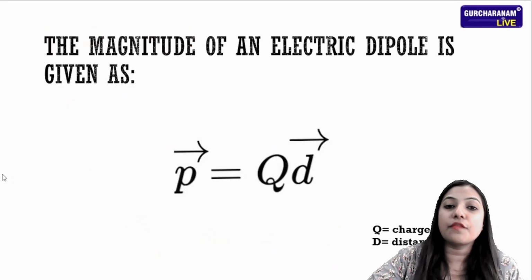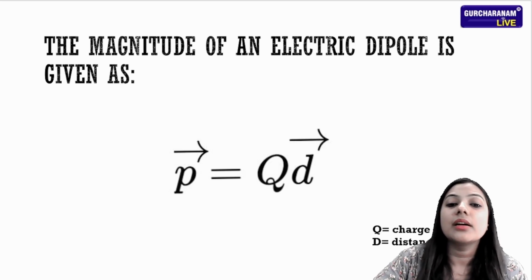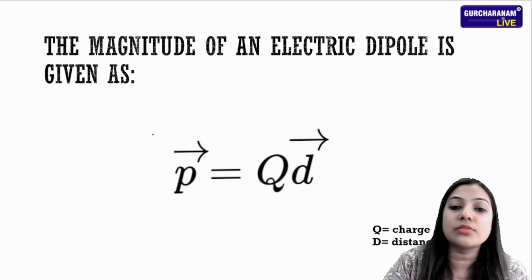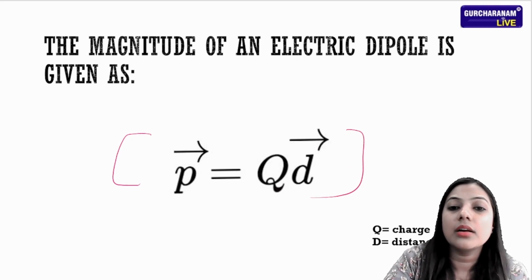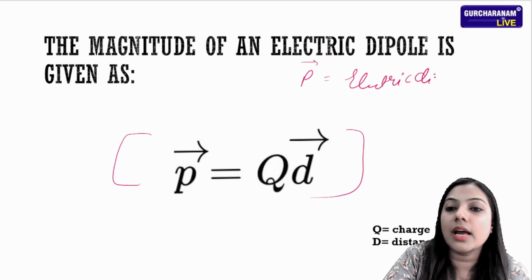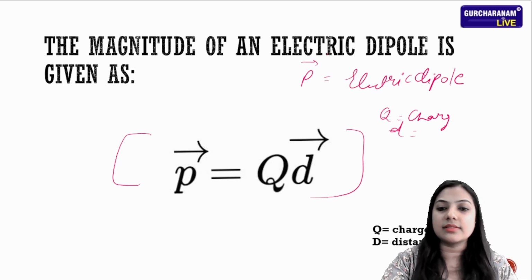The formula of the magnitude of an electric dipole is given as p vector equals q d vector. Here p vector represents the electric dipole, q represents the charge and d represents distance.